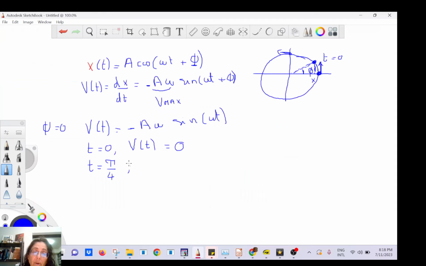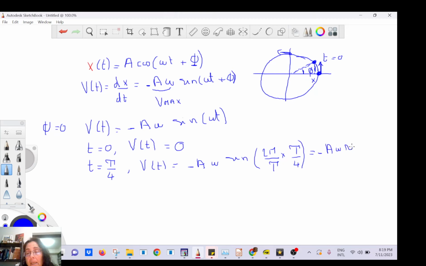So if it's 1/4, the velocity equals minus a omega sine of 2 pi times t over 4, that's going to be minus a omega sine of pi over 2, that's going to be 1.